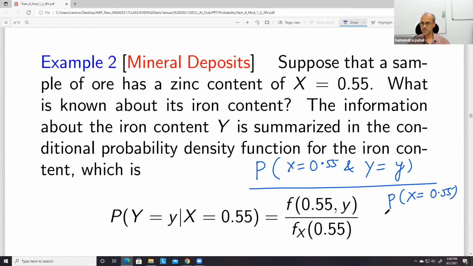This is the condition. Now this condition, P x is equal to 0.55, is the marginal, with notation Fx. And this is f of 0.55 and y. So this is Fxy with x fixed at 0.55.